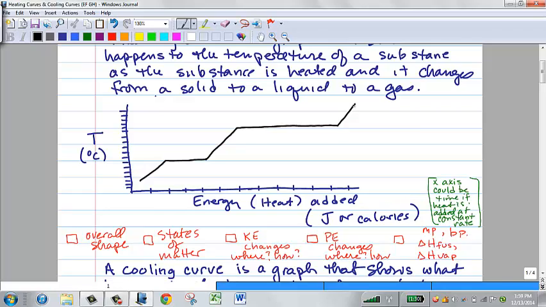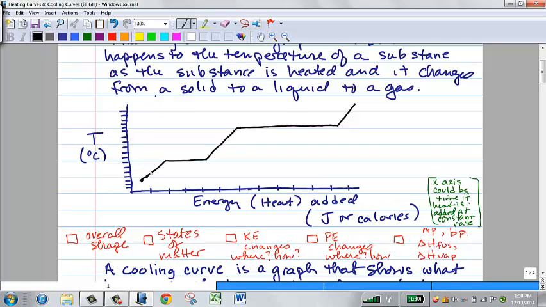So this is a typical shape for a heating curve. It has these three segments that show an upward increasing slope, and we have these two plateaus, these two positions where the temperature stops changing. The temperature stays the same for a while.